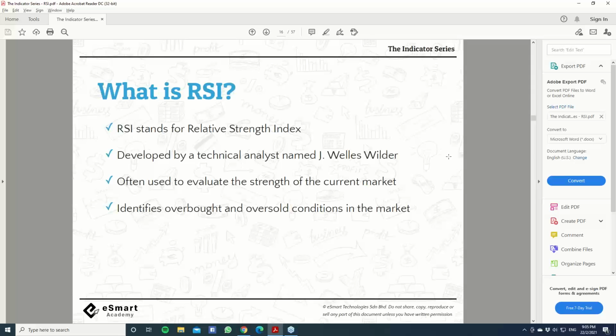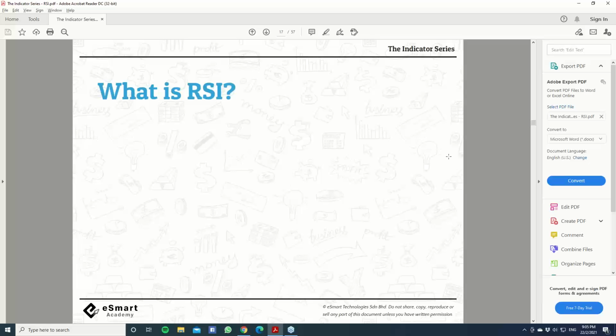And vice versa, of course, if it's an oversold condition, it means the market has been selling. Everyone who wants to sell has already entered. Then naturally, there's a higher possibility that it will reverse. Okay, so that's the idea between overbought and oversold conditions in the market.